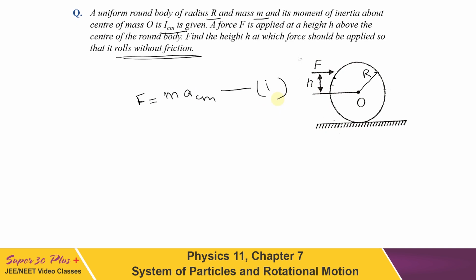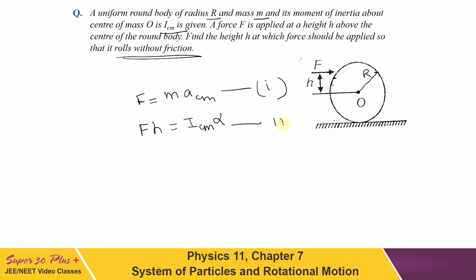Now if I write torque about O, what torque will be effective? Again it has to be only of torque that is provided by the force F. So if I write now torque, which is Fh, because the force is acting at a perpendicular distance h from the center of mass, so Fh has to be equal to ICM alpha.